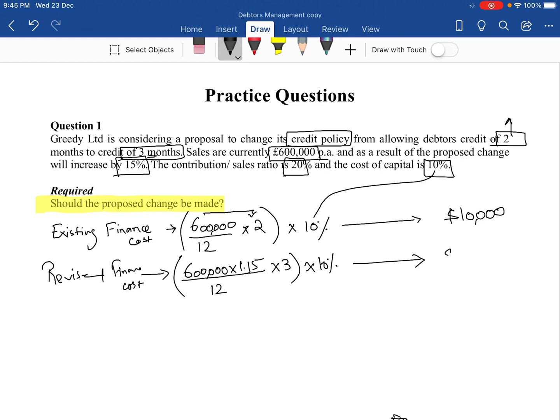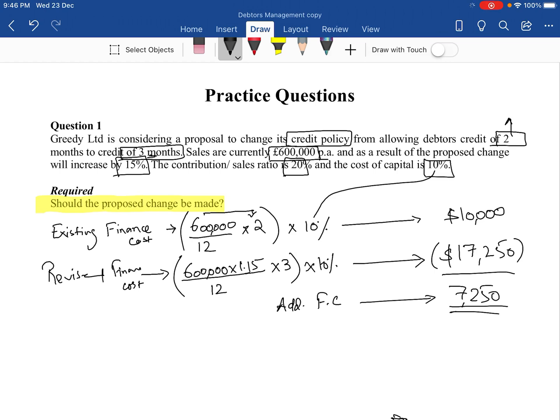So the revised finance cost is going to be 17,250. So there is an increase in the finance cost of 7,250.